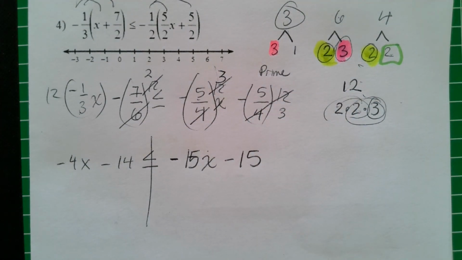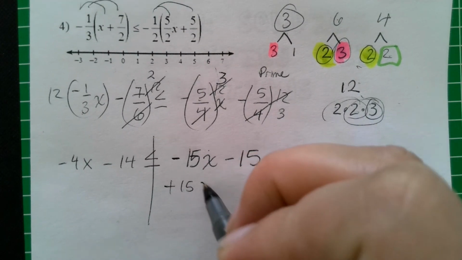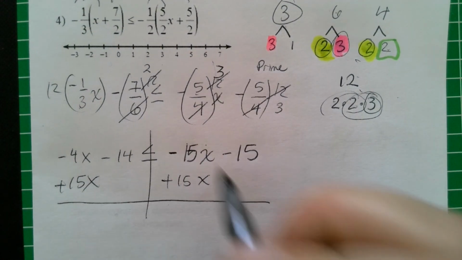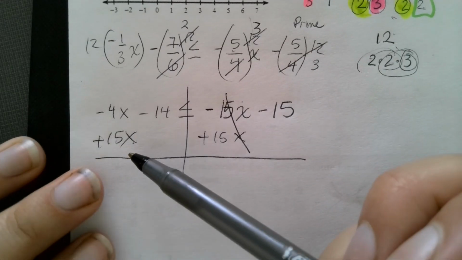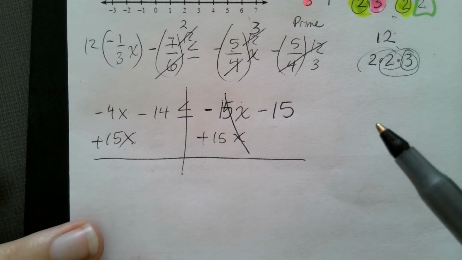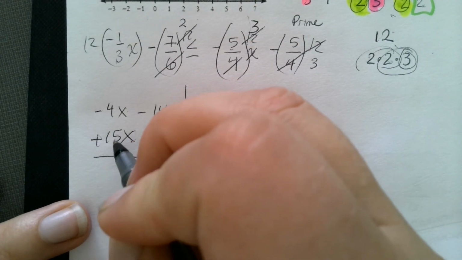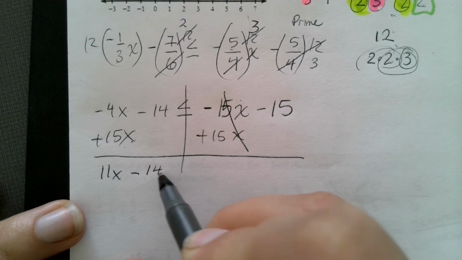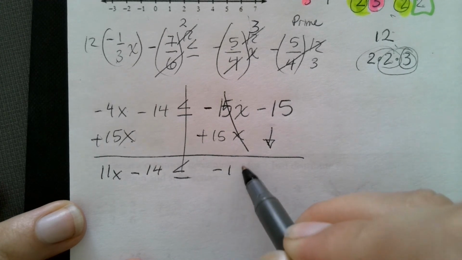What do we want to move? If it was me, I would say plus 15x, because I'd rather deal with positives. Okay, so what's 15x take away 4x? And then I'm just bringing everything down, everything that's left.